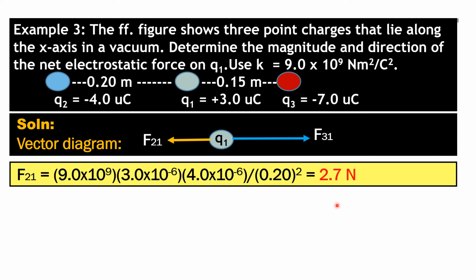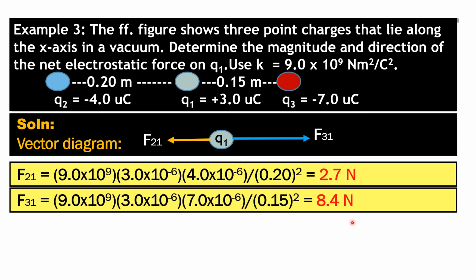Let's move on to the calculation for the other force, F31. For F31, the same method, the same formula is used. We just substitute the correct values. For the quantities, you will notice they are exactly identical except for the value of Q3, because we are now talking about the force exerted by Q3 on Q1.